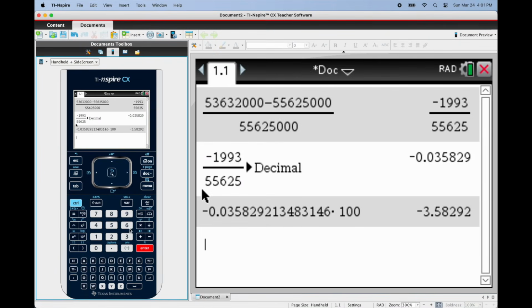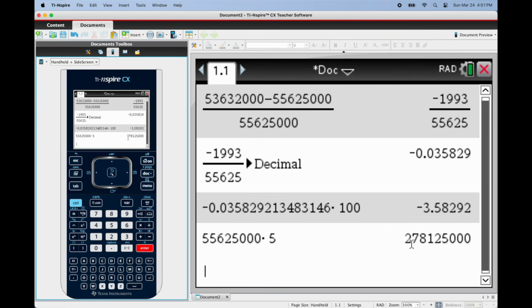Here we go. 55,625,000, and then let's times this by 5. Okay, so we have 278,125,000. So let's write that out, going back to the document here.